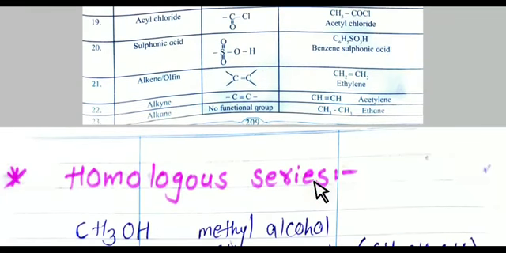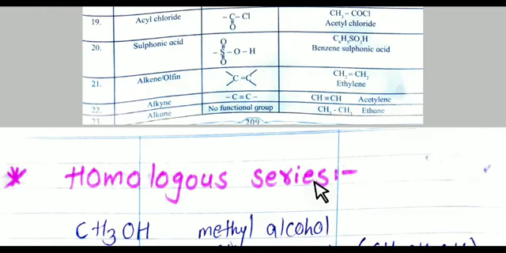The next topic in this chapter is homologous series. Actually, what is the homologous series? It is a series of organic compounds containing a characteristic functional group, means the compound belongs to one of the special families. Means one functional group is compulsorily there in the compound.